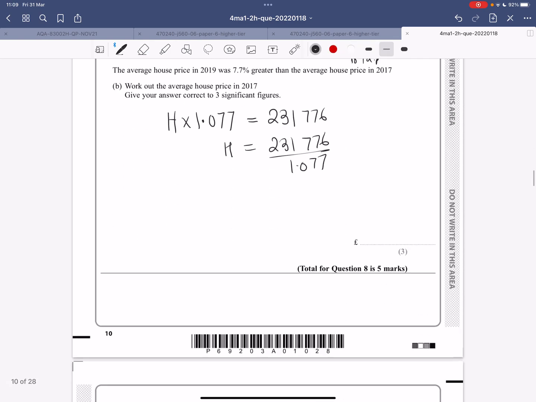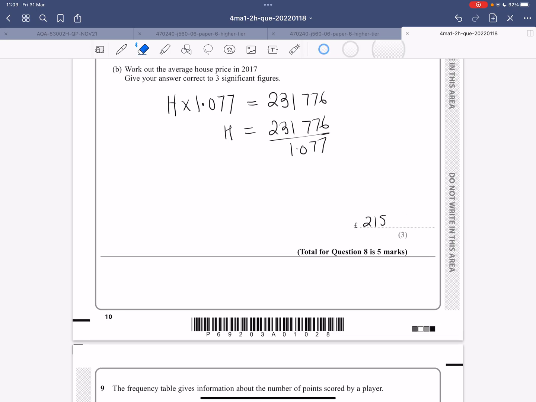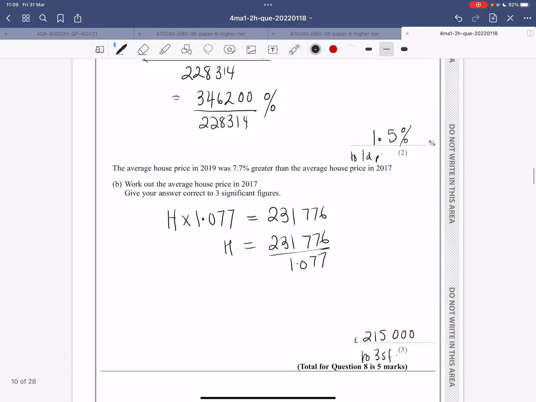And it's going to be 215 to 3 significant figures. Okay, this is coming up as £215,205.20. Okay, yeah, so it's £215,000.